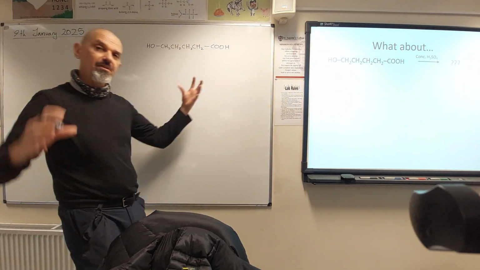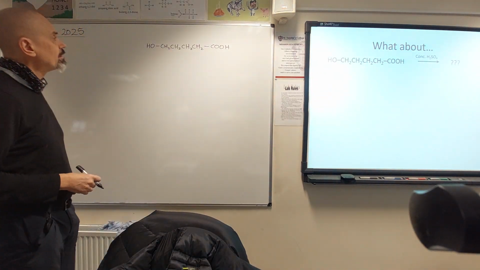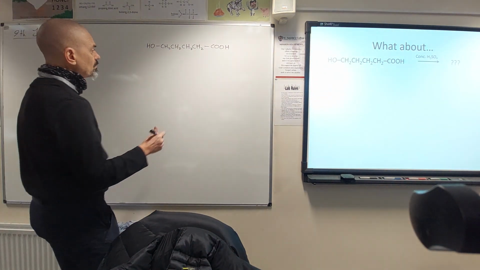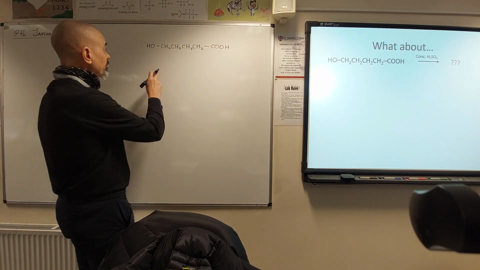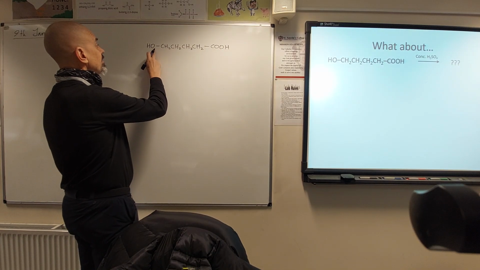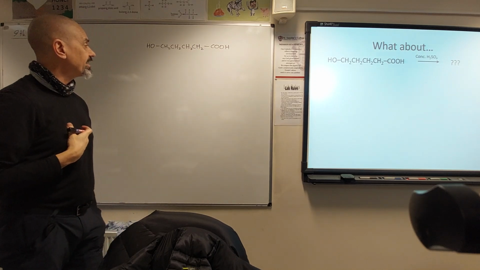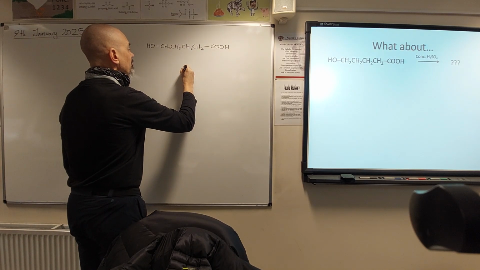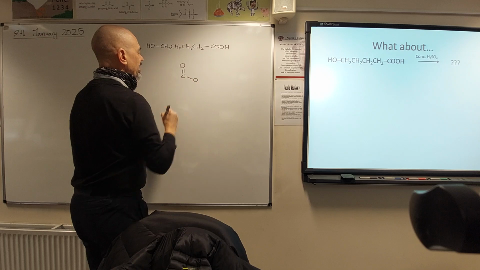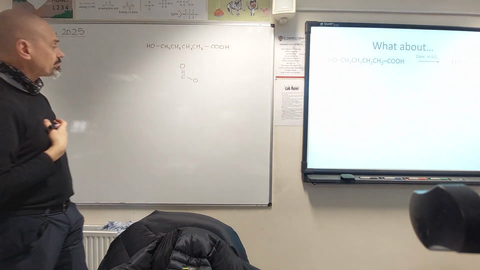So I'm going to have to bend it round a bit. Let's just count the number of groups I'm going to have in it. I'm going to have the oxygen, 1, 2, 3, 4 carbons, and then the 5th carbon in the acid group. So I've got 6 things, and it's going to be a ring.